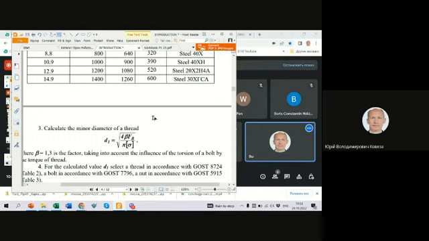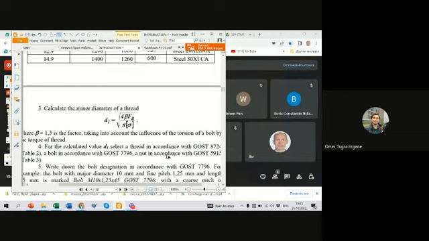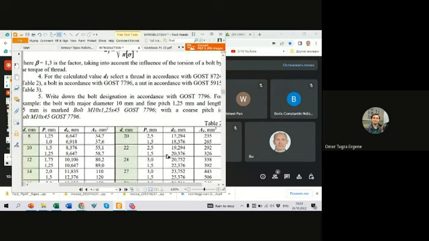Excuse me, sir. For pi, which value you have to take? 3.14. Sir, I found root of 52. It's little more than 7. Is it wrong? Maybe.